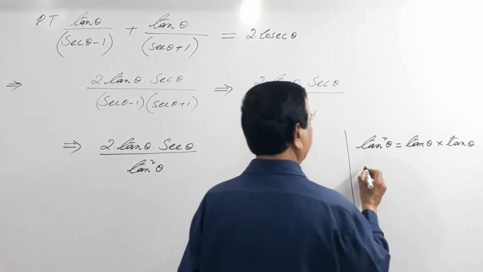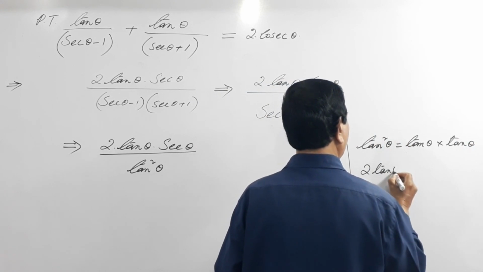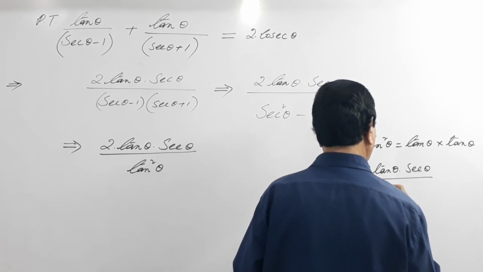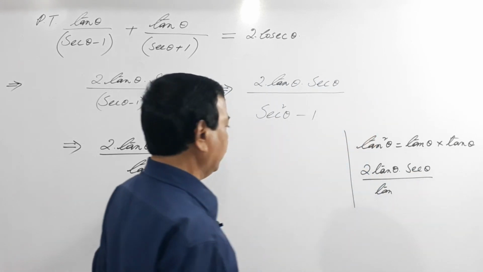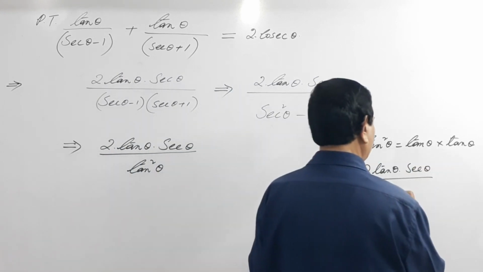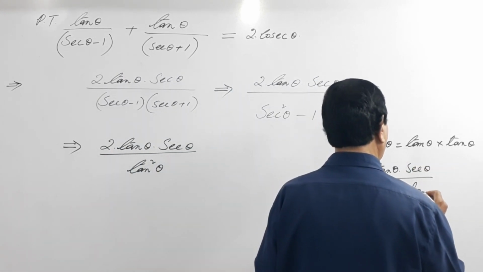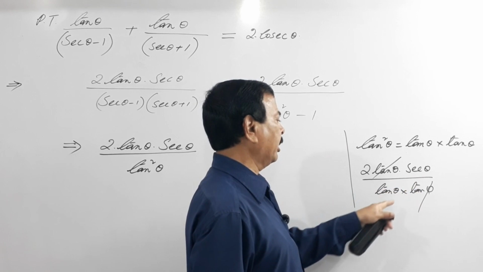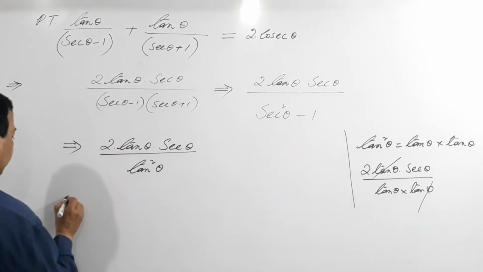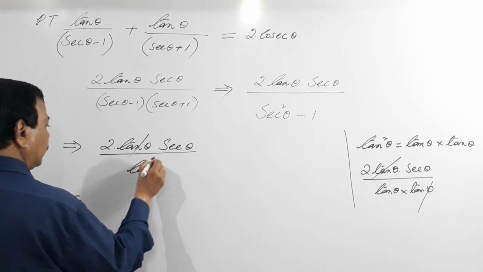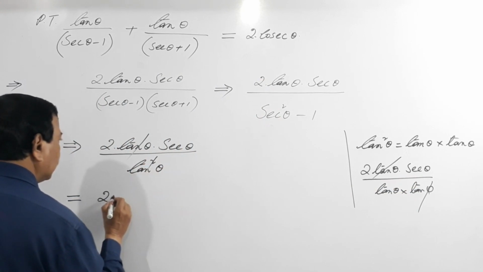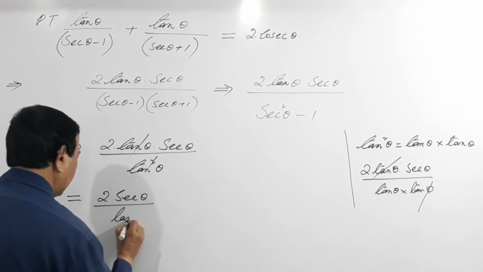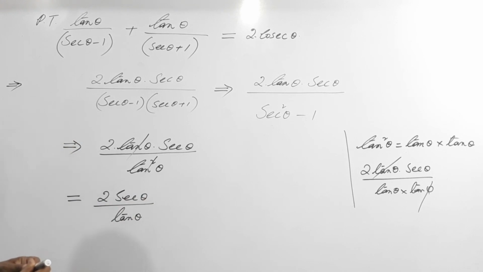So where we have here 2 tan θ into secant θ divided by tan square θ, for that I am going to write tan θ into tan θ. So one tan θ and one cancels. So I am left with 2 secant θ by tan θ. So this becomes 2 secant θ by tan θ. Right?